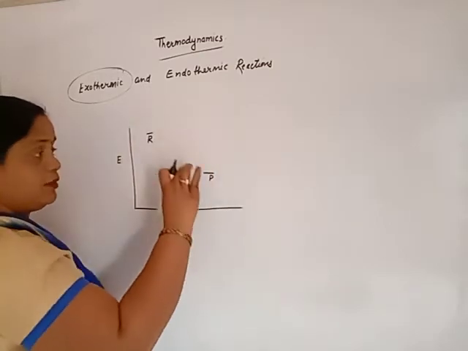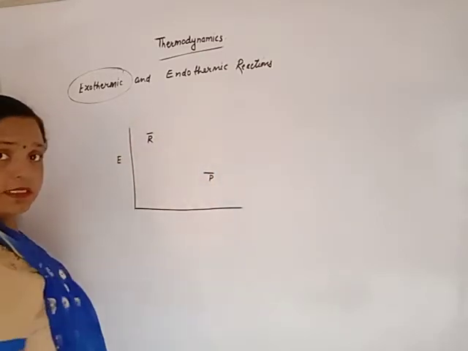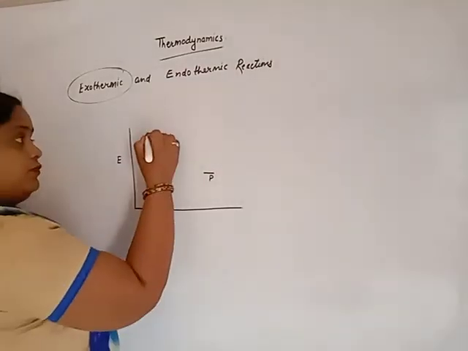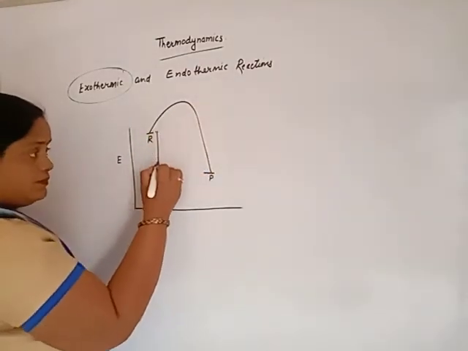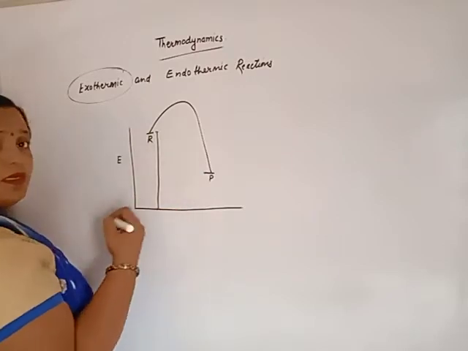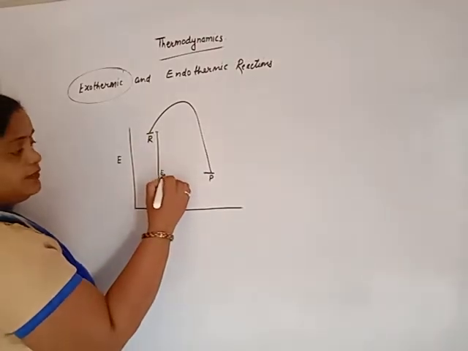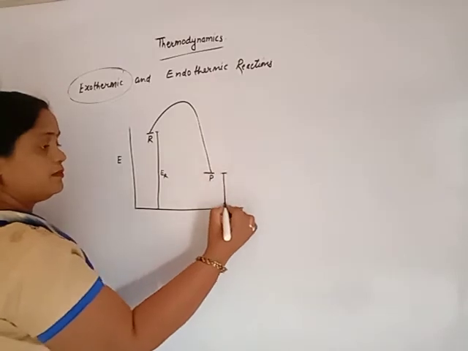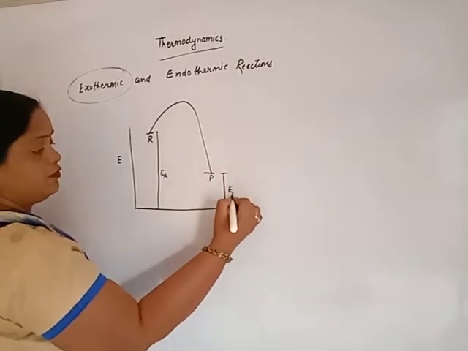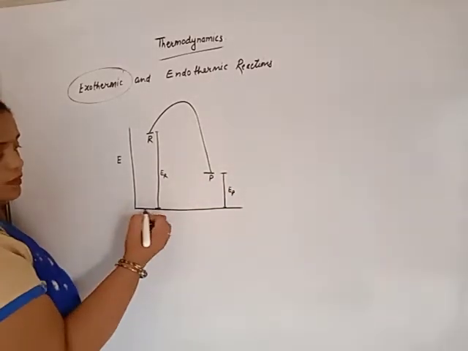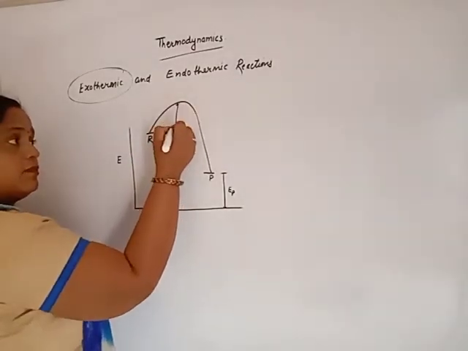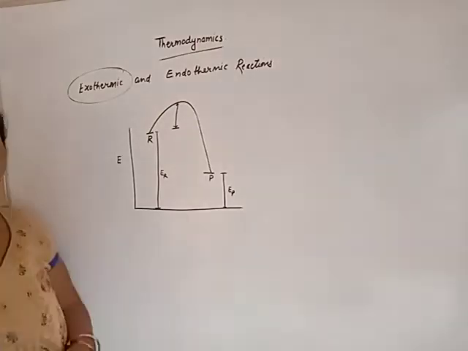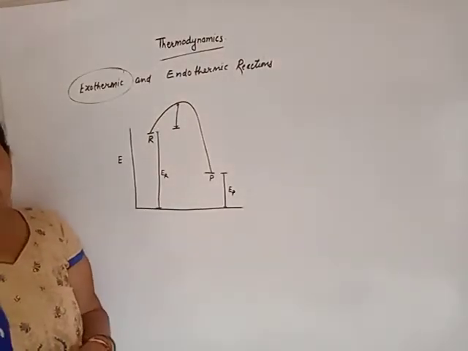That means this amount of energy will be released, given out. If you draw the graph, it looks like this. This energy is known as the energy of reactant. Beta, this much amount is the energy of product. What about this energy? This much amount of energy is required for the reaction to take place.